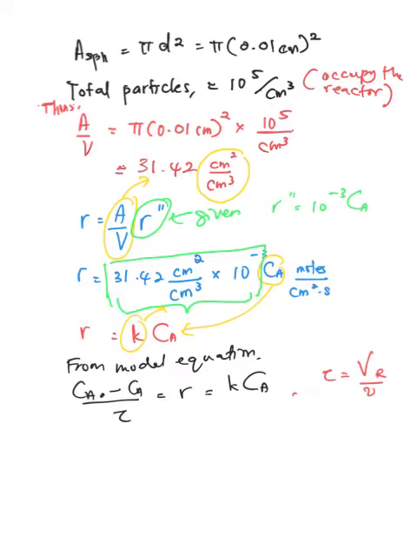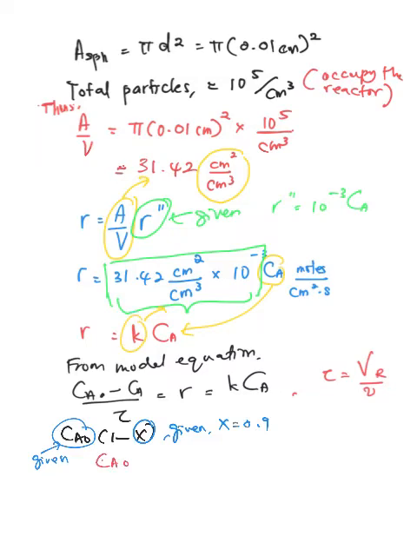And for CA, CA naught times 1 minus X. X is given, which is X equals 0.9, and CA naught is also given, which is 2 moles per liter.